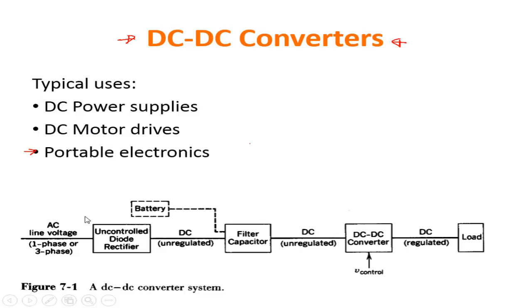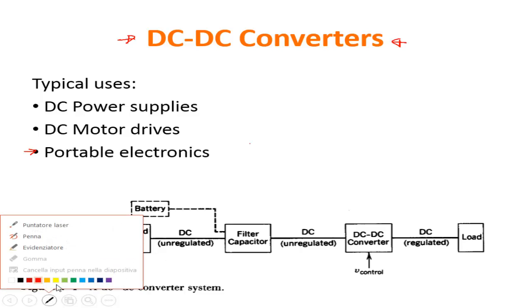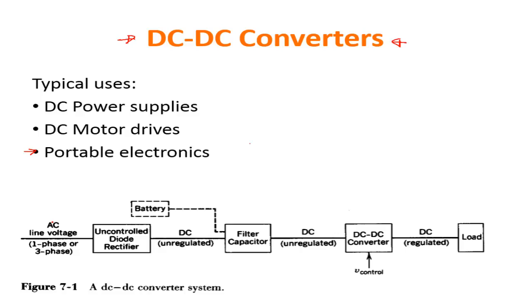So the typical situation is the one shown here in the figure. You have a line voltage or a battery. If you have a line voltage, you typically need a diode rectifier in order to have an unregulated DC current here. Then you typically have a filter.